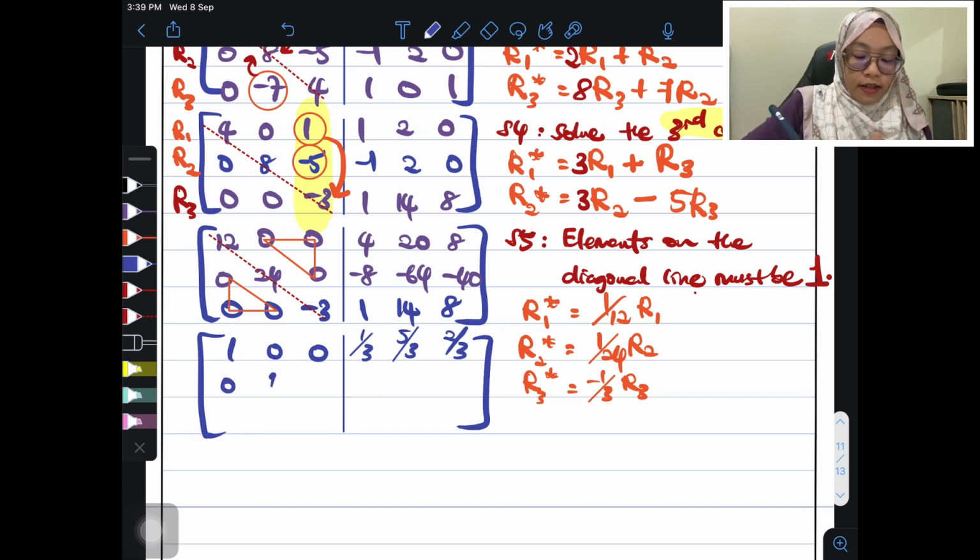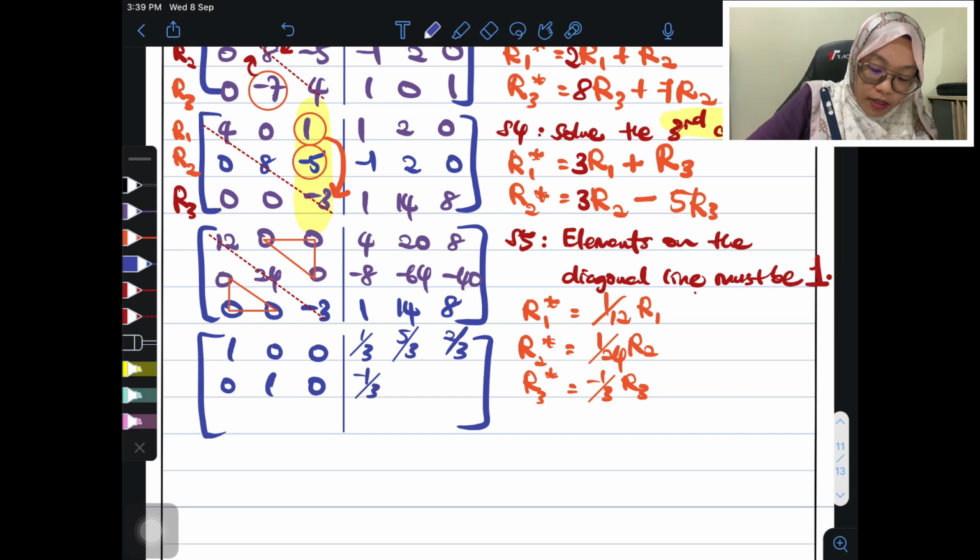Don't start from there. Here will be 0, 1, 0, negative 1 over 3, negative 8 over 3 and negative 5 over 3. And here 0, 0, 1.